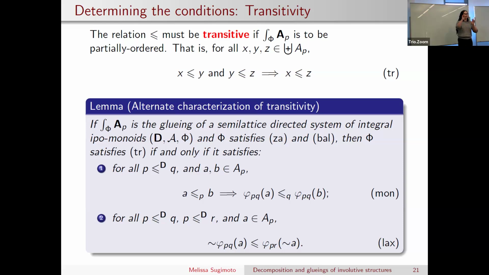You've got P and it's below two things, Q and R. And you want applying phi_PQ and then taking the tilde to be less than or equal to applying the tilde and then taking phi_PR. It turns out mon and lax in conjunction with zero avoidance and balance will give us transitivity.